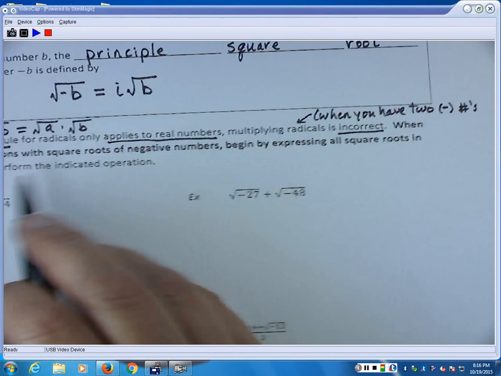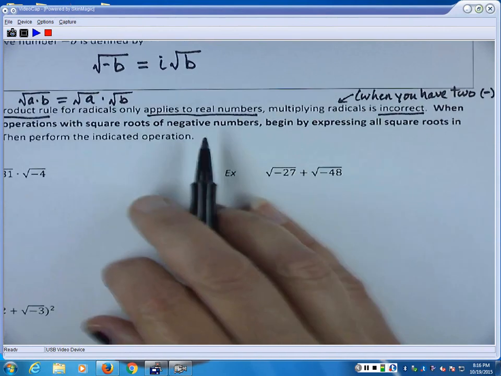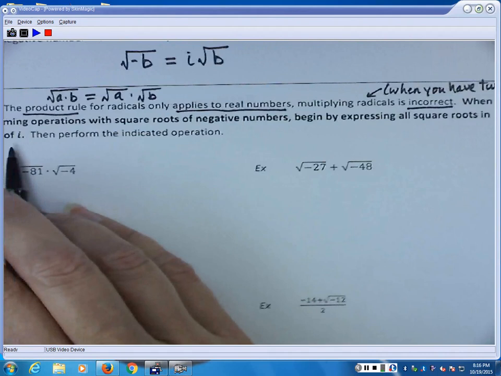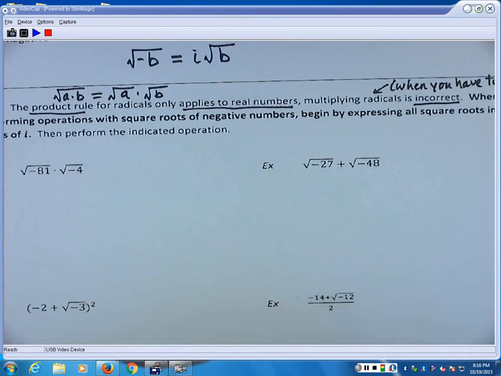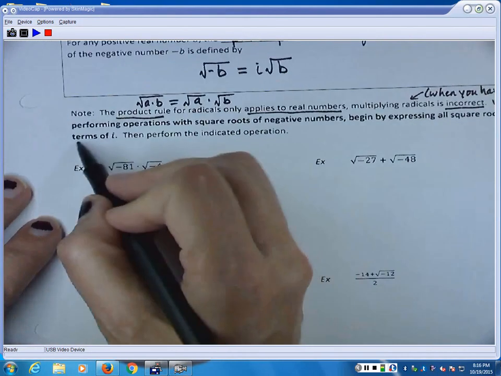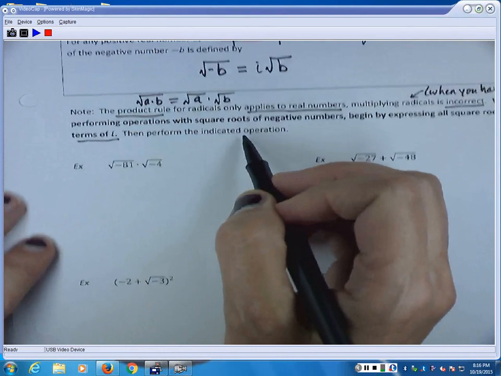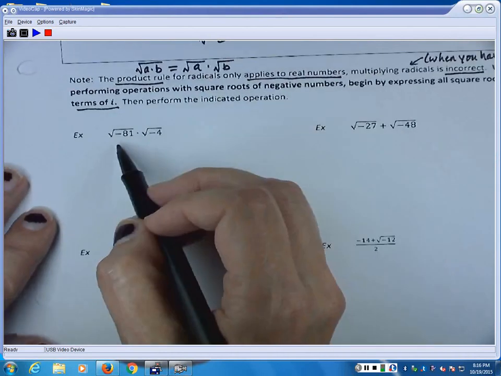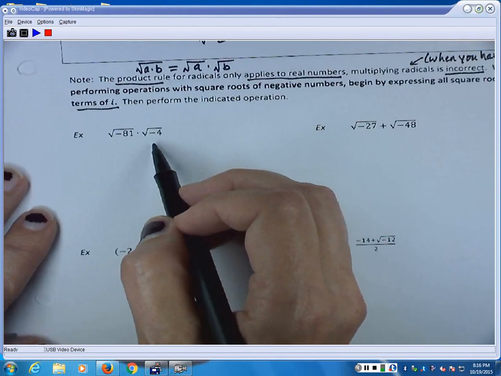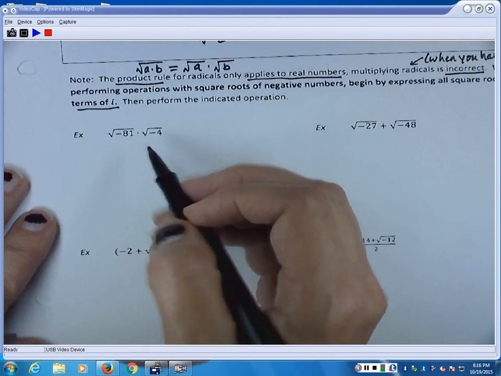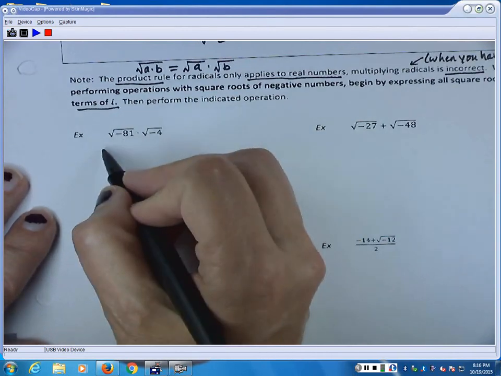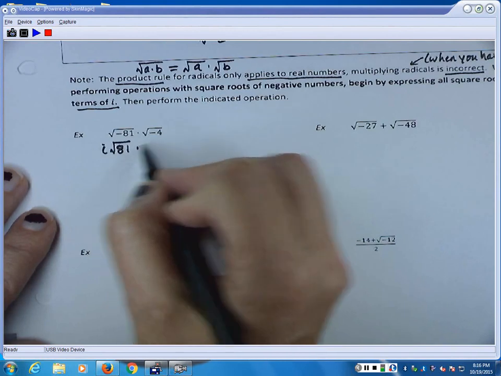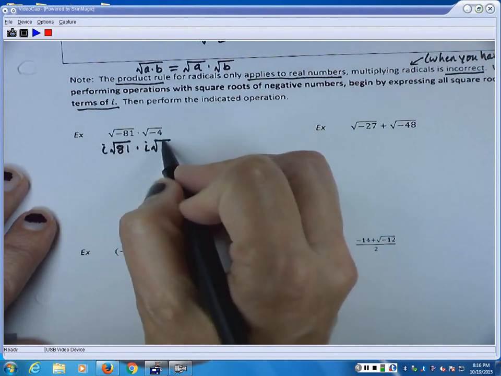When performing operations with square roots of negative numbers, begin by expressing all square roots in terms of i. So you're going to start by writing your square roots, then perform the indicated operation. So here's the correct way to do the square root of negative 81 times the square root of negative 4. You rewrite this as i times the square root of 81 times i times the square root of 4.